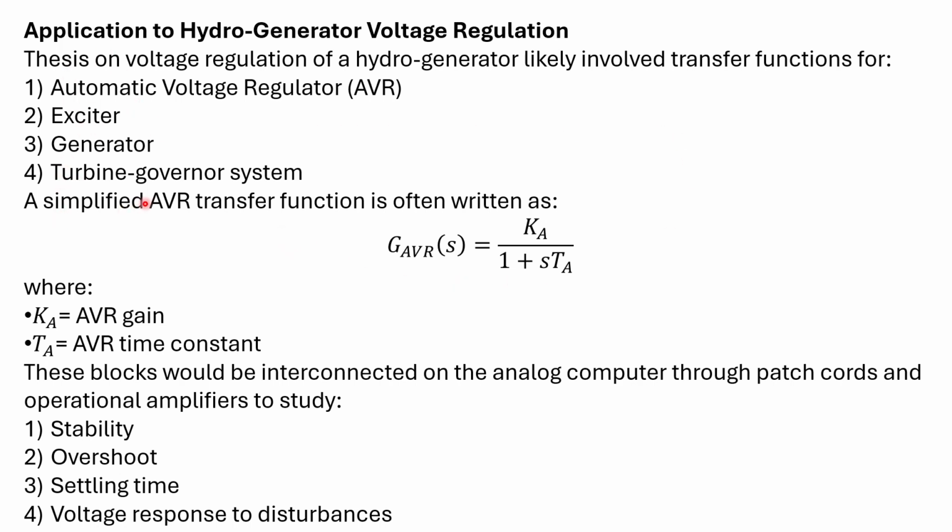A simplified AVR transfer function is often written as G AVR of S equal to K divided by 1 plus S TA, where K is AVR gain, this one, and TA is the AVR time constant, this one.